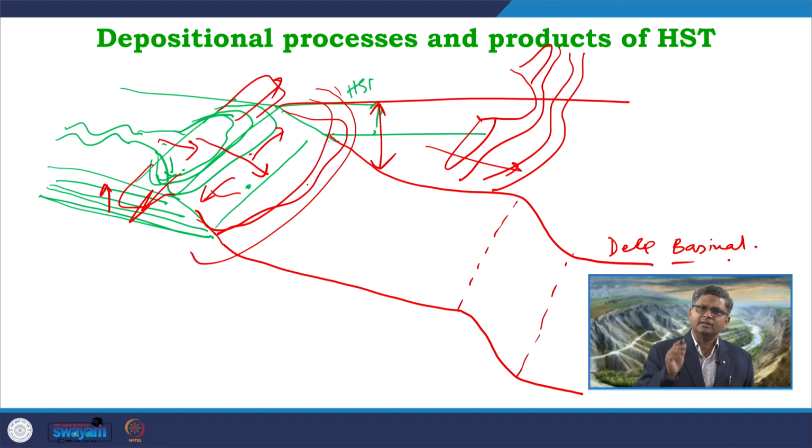Beyond that area, the supply of sediments is very much restricted. So, what is happening in these portions? These areas are completely devoid of dominant clastic supply. These areas are devoid of dominant energy conditions.